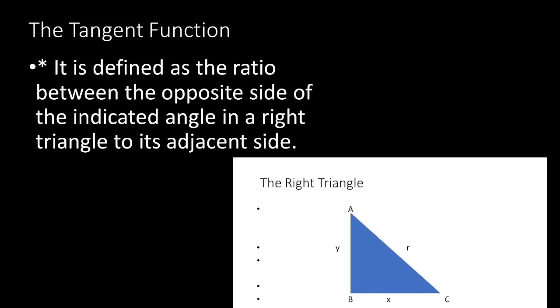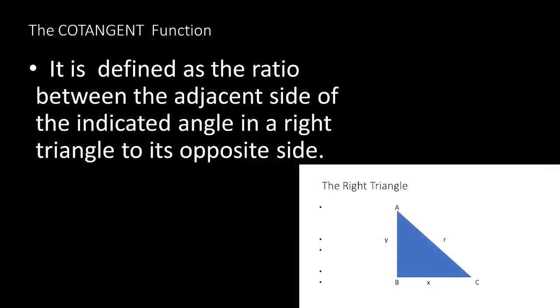Then we come to the cotangent function. The cotangent function is defined as the ratio between the adjacent side of the indicated angle in a right triangle to its opposite side. So that is adjacent divided by opposite.